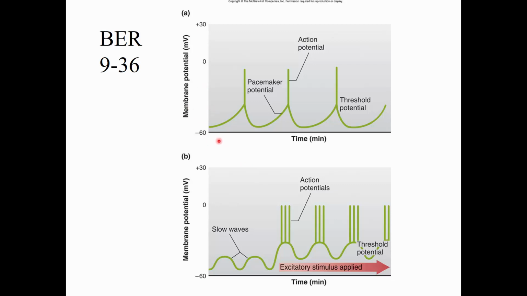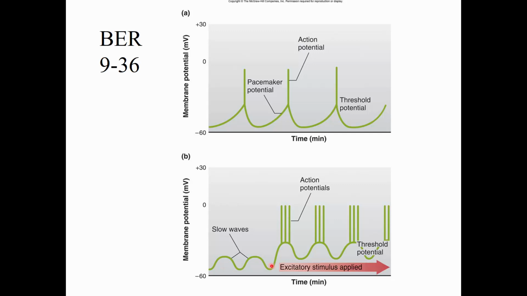So one way to activate muscle is through pacemaker type activity. Here you see sort of a spontaneous kind of thing. It reaches a pacemaker potential and then it has an action potential. These action potentials are calcium-based action potentials, not sodium-based. Here we see a situation where we have a slow wave. That's your basal electrical rhythm. It's below threshold. Then you apply an excitatory stimulus, you get above threshold, and now we have these calcium action potentials, and then the muscle contracts.